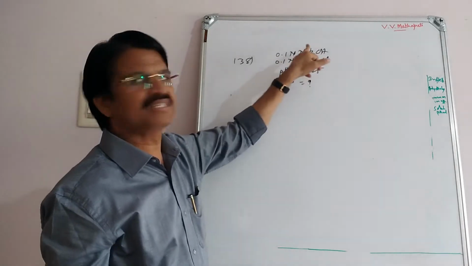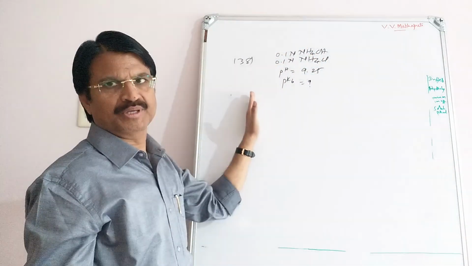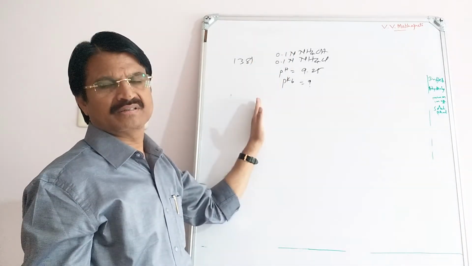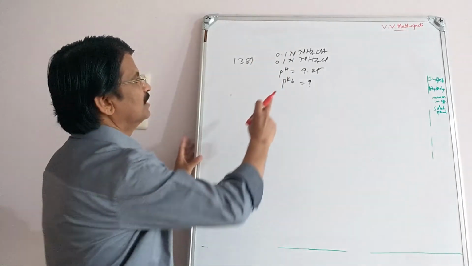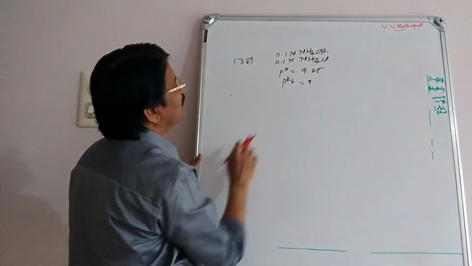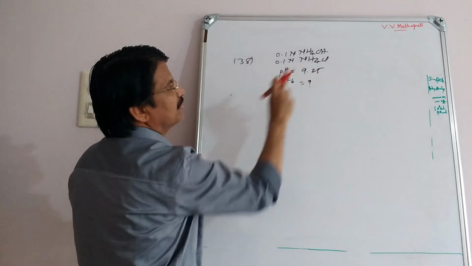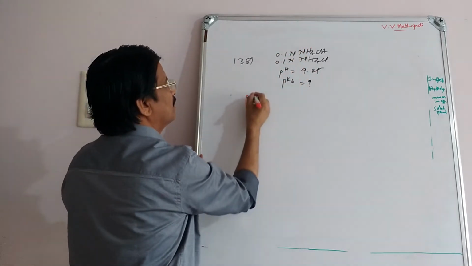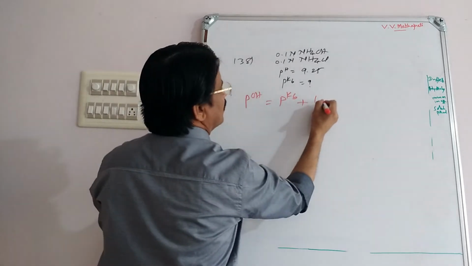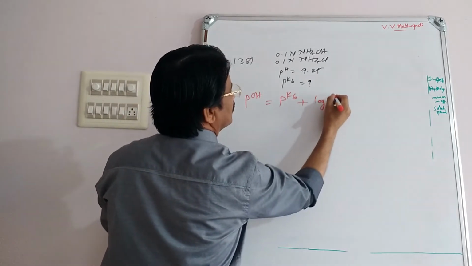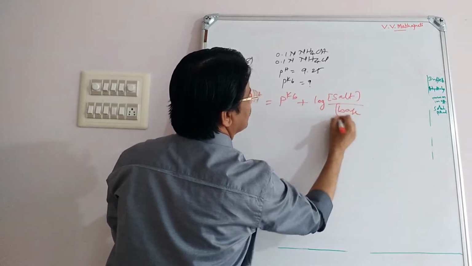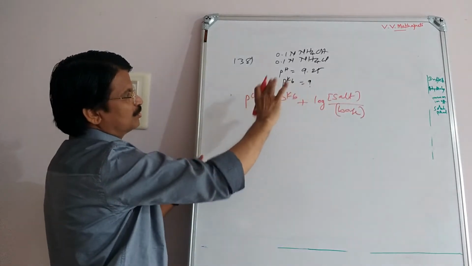If a basic solution is given, find out first pOH, then pH. But here they directly ask pKb. The pH is given as 9.25, but it is a basic buffer. Then pOH equal to pKb plus log salt by base.